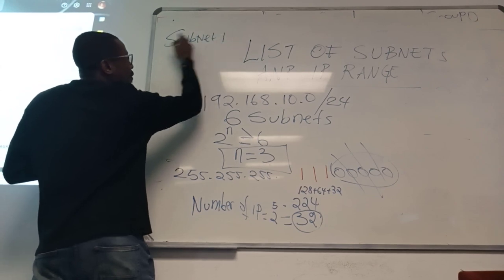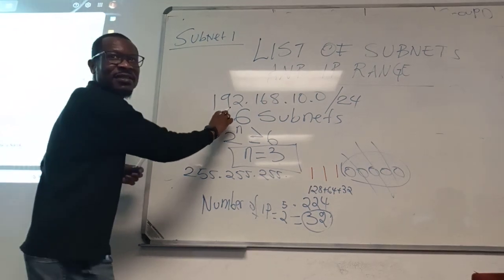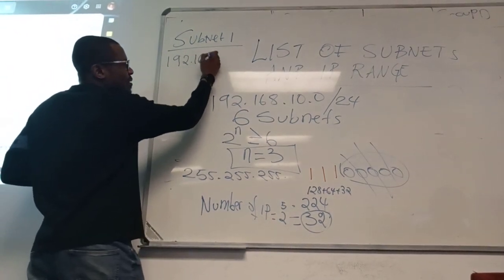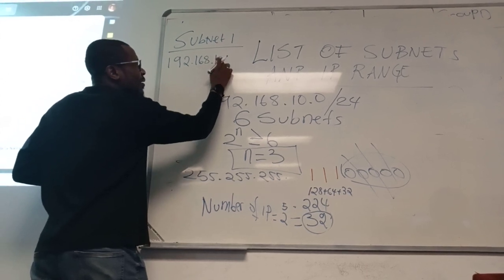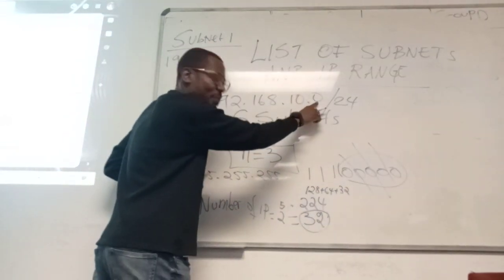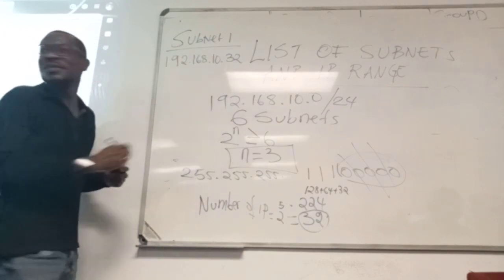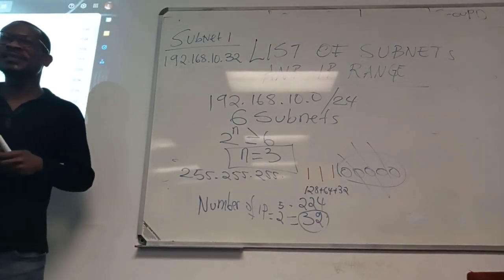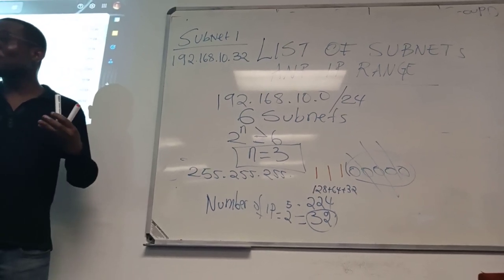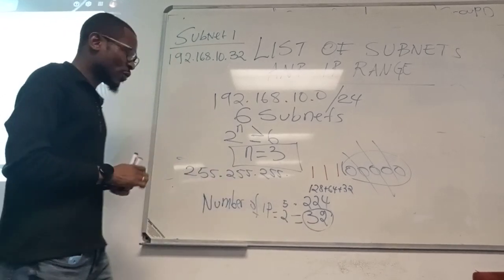Subnet 1, maybe it's marketing, is 192.168.10.0. Then you replace the 0 with 32 for the next one.